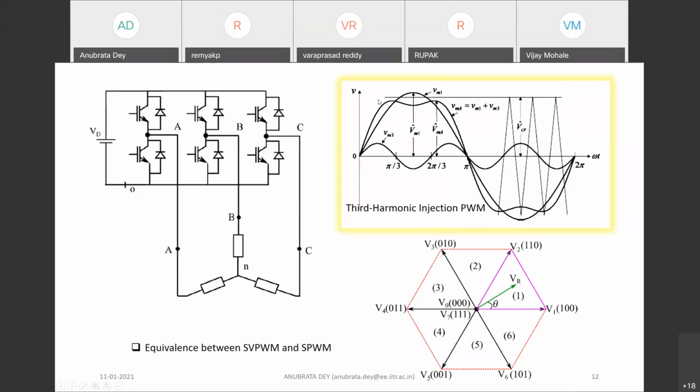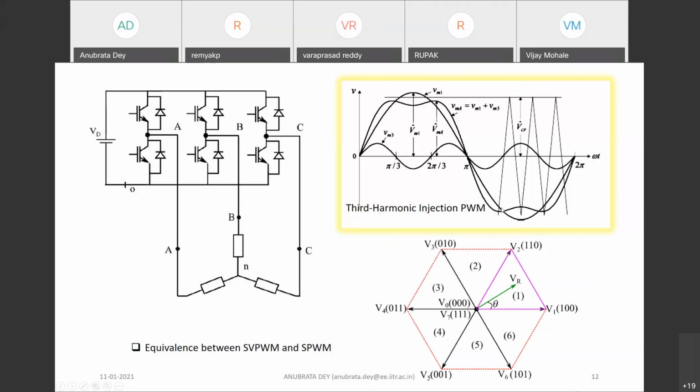On the positive side, this particular sinusoidal waveform goes outside of this horizontal line, and this horizontal line is nothing but the limit of your carriers. Basically this is used for control purposes, not the output voltage. These are the control signals, and these control signals are to be compared with these carriers.